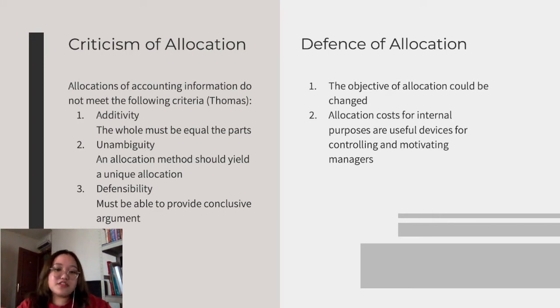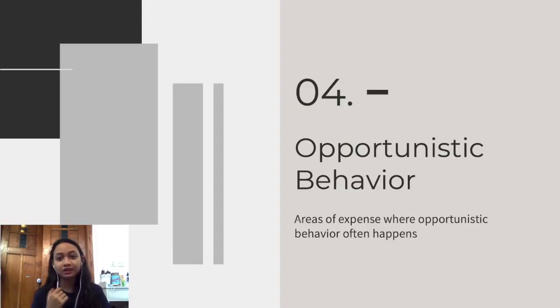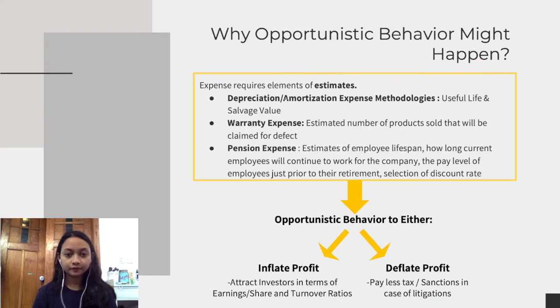However, in defense of allocation, the criticism mentioned by Thomas can be argued: the objective of allocation could be changed depending on the existence of a unique and identifiable cause and effect relationship between the cost and intangible assets. So first, opportunistic behavior might happen because expense requires a lot of elements of estimates.